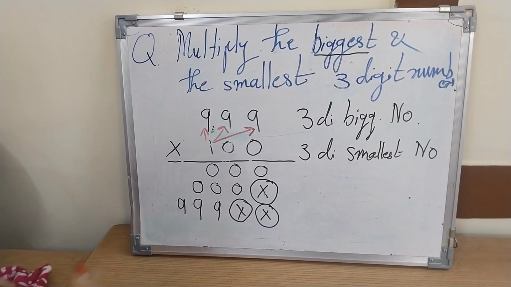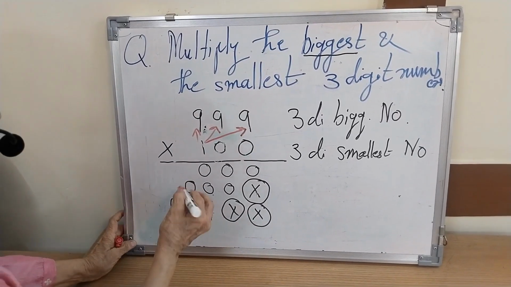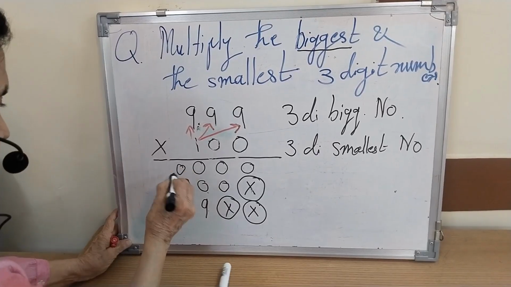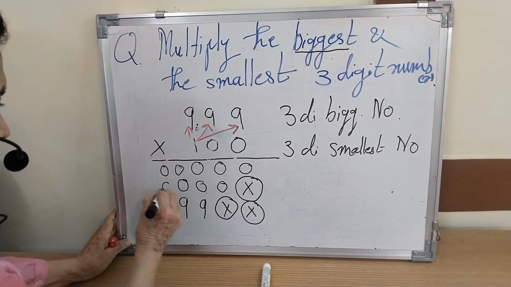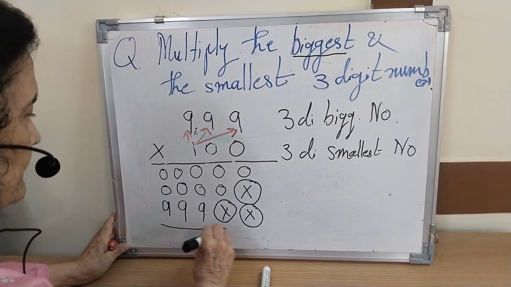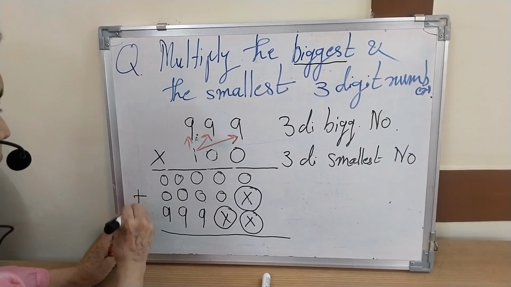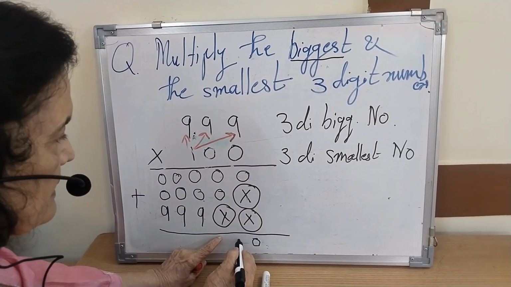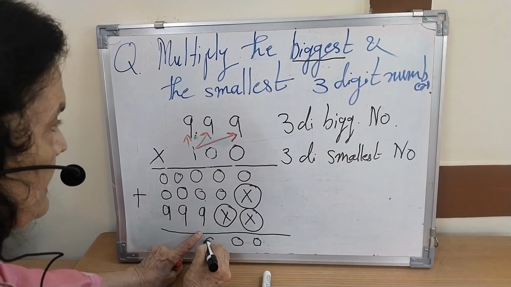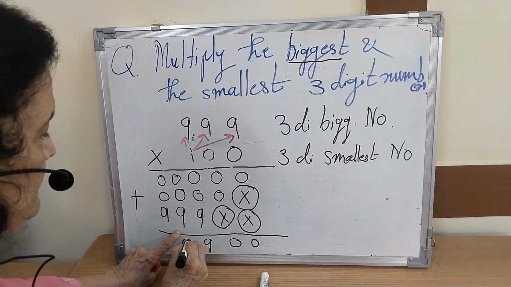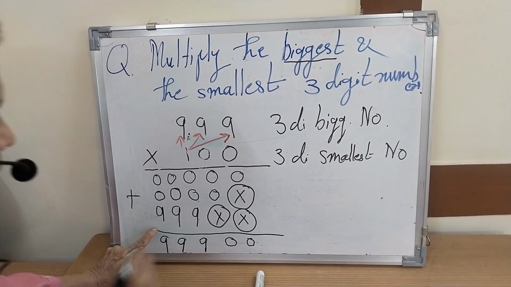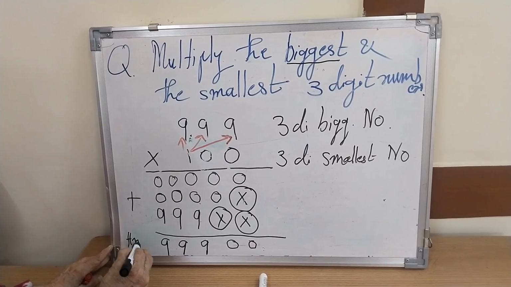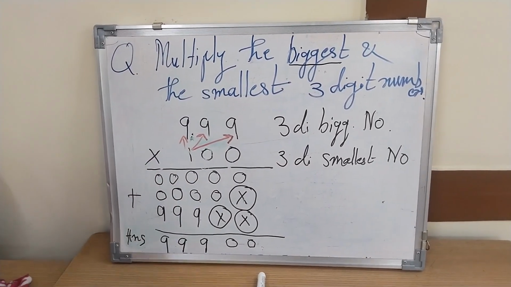Now wherever there is nothing, we will be placing 0. And then we have to add all these three. So here 0, here 0, here 9, here 9, here 9. So this is our final answer if the question carries 2 or 3 marks.